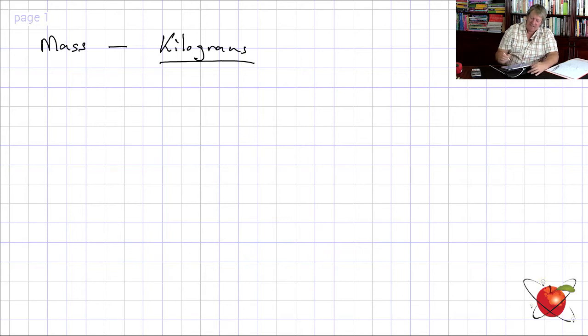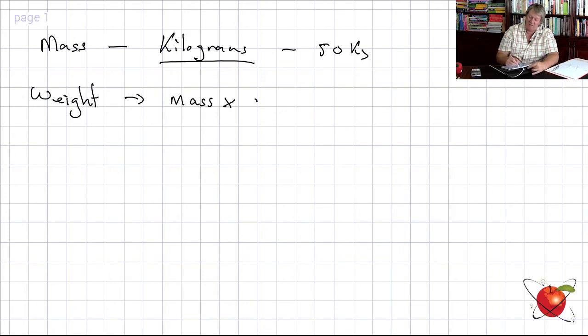So if that's the mass, let us say we've got a mass of 50 kilograms. What is then the weight? The weight is defined as the mass times the acceleration due to gravity.